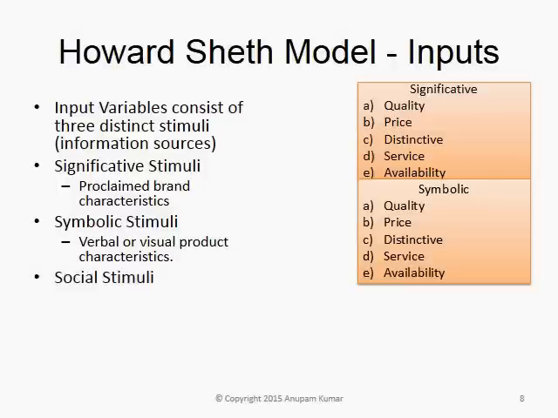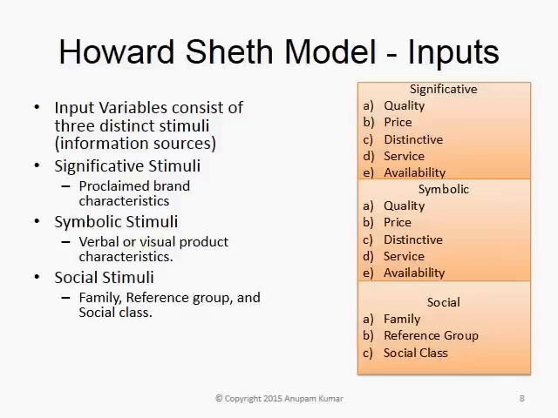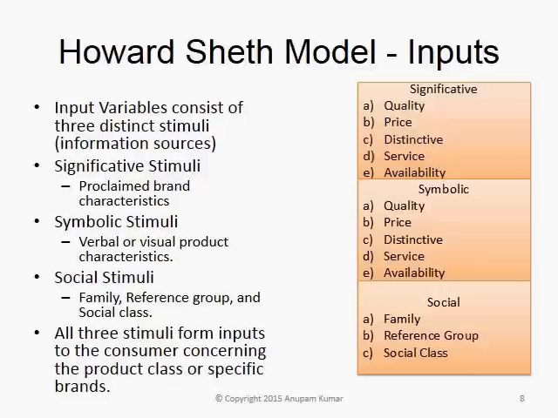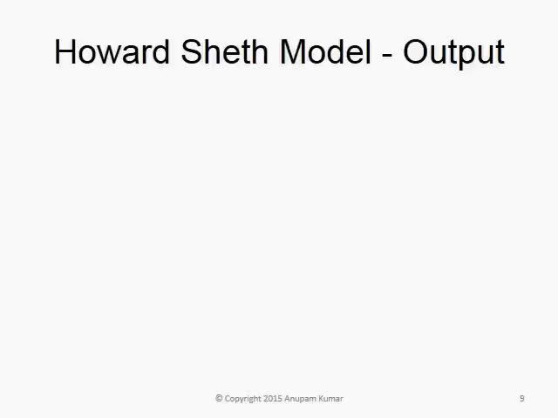Thirdly, we have the social stimuli, which is the family influence, the social factors including the characteristics of the family, the reference group, and the social class to which the individual belongs. All three stimuli form inputs to the consumer concerning the product class or the specific brands.